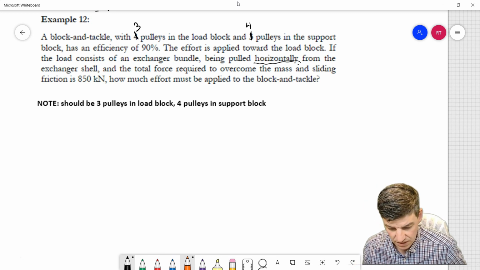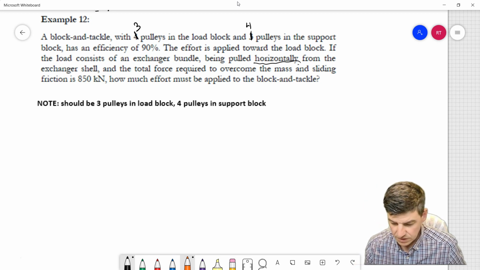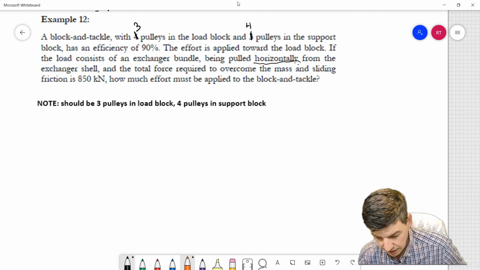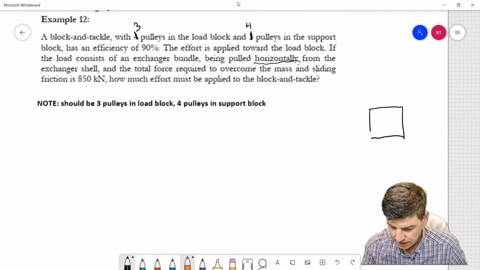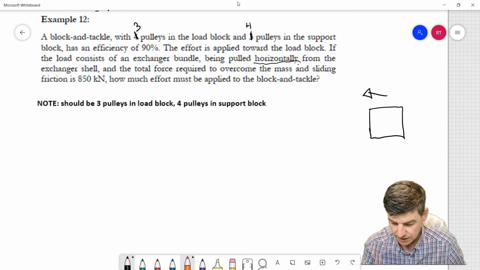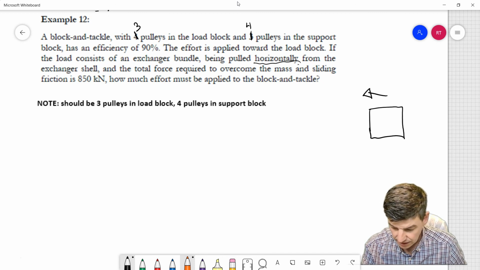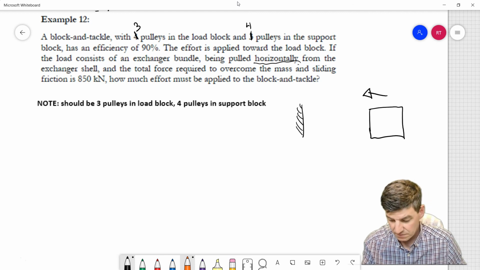The load consists of an exchanger bundle being pulled horizontally from the exchanger shell. So what we have is some object that we are trying to pull horizontally using a block and tackle system, and I guess it's going to some fixed object that's pretty strong.